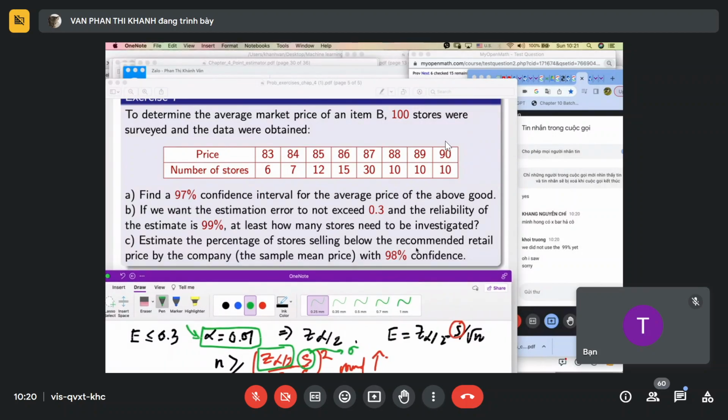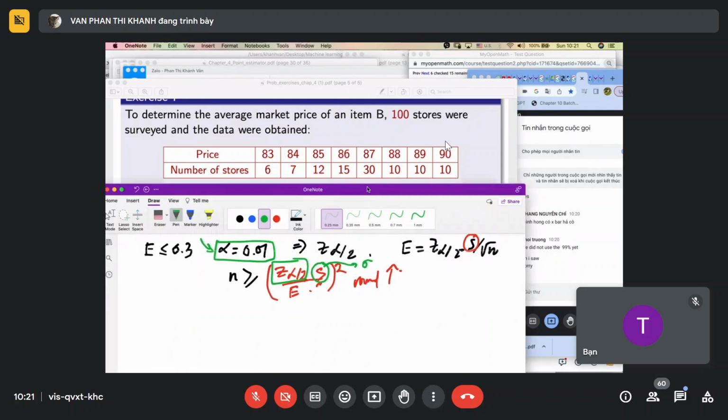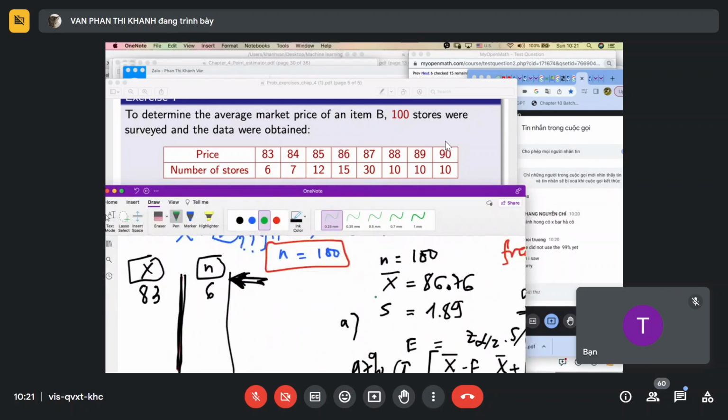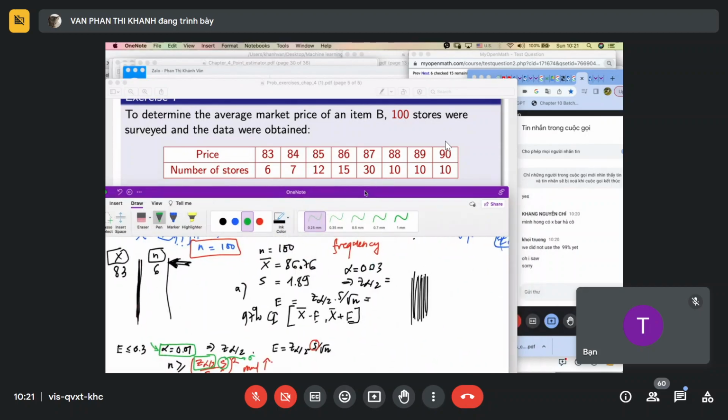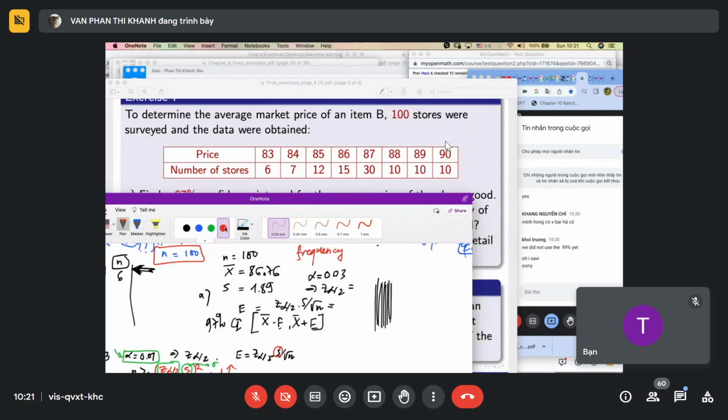The recommended retail price by the company is the sample mean price. So what is the sample mean here, class?